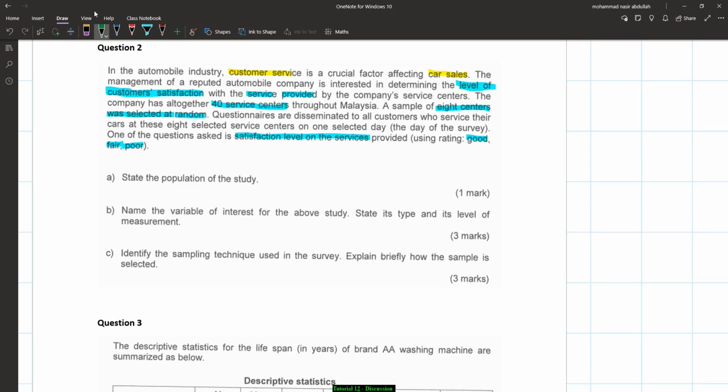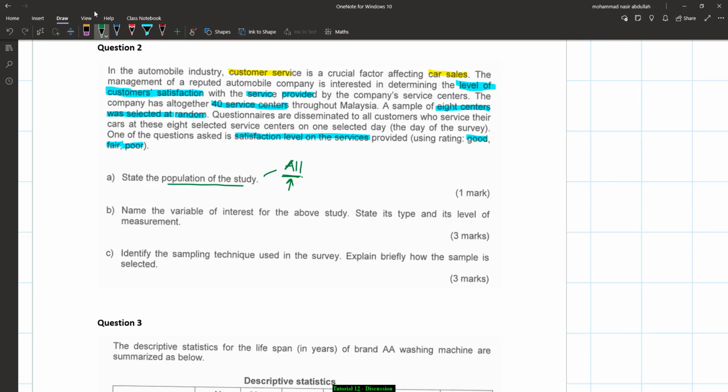So now, state the population of the study. The population of the study should contain the word all. This is the first word you should write to state the population of the study.